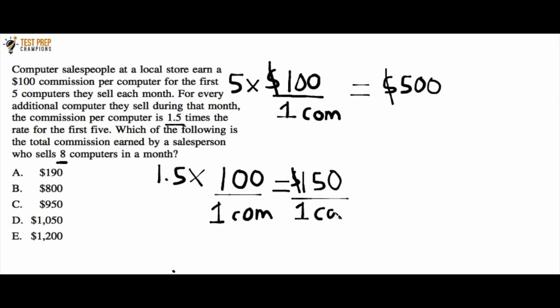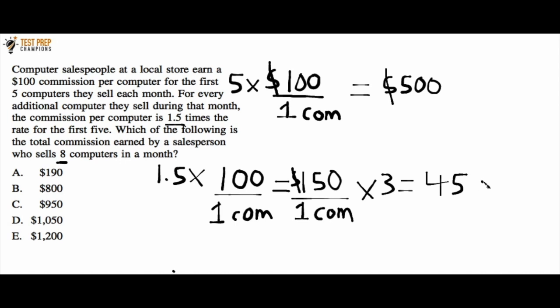Now, we've already figured out that the total commission from the first 5 computers is $500. And we know that 8 minus 5 is 3. So there are 3 additional computers that we're going to have to calculate this for. So 150 times 3 is 450.